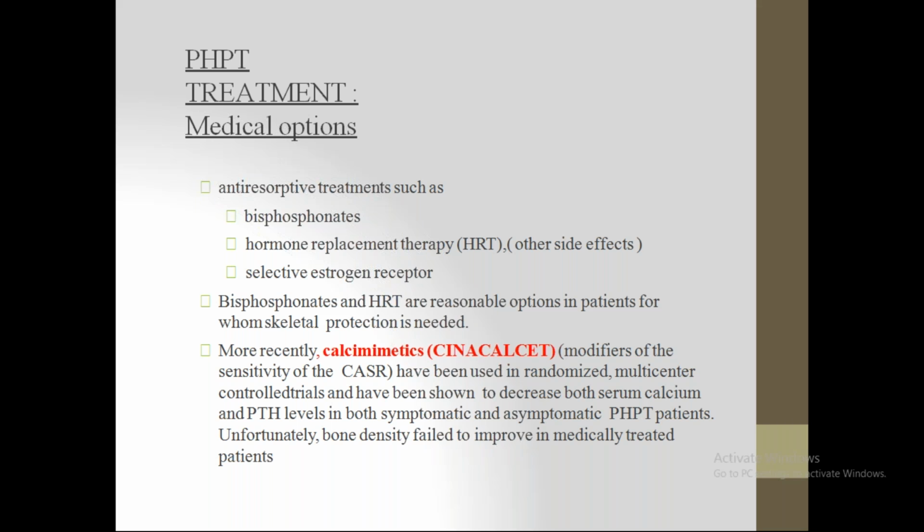Modifiers of the sensitivity of the CaSR receptor have been used in randomized multicentric controlled trials and have been shown to decrease both serum calcium and parathyroid hormone levels in both symptomatic and asymptomatic patients. Unfortunately, bone density failed to improve in these medically treated patients. So if you require skeletal protection, you have to use bisphosphonates and hormone replacement therapy.